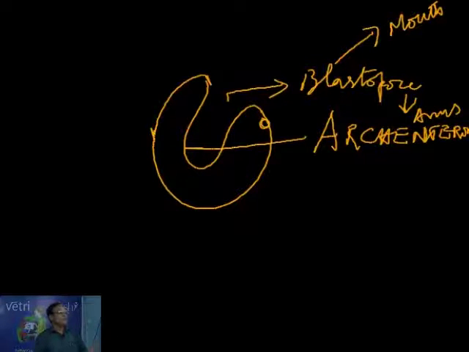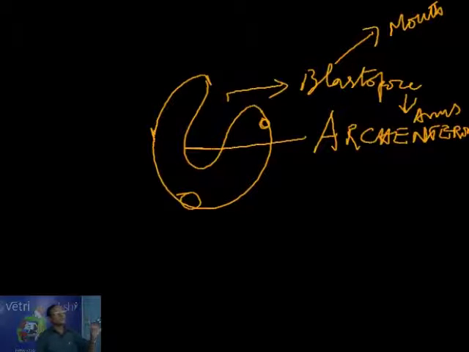Then what about the fate of the mouth opening? The mouth is formed only at a later stage of development. The anus is formed first in this category. The mouth is developed just opposite to the anus. As the mouth is developed at a later stage of development, this group is called deuterostomia.